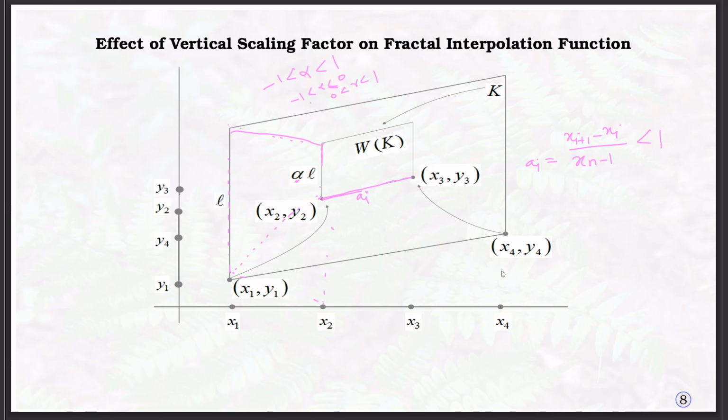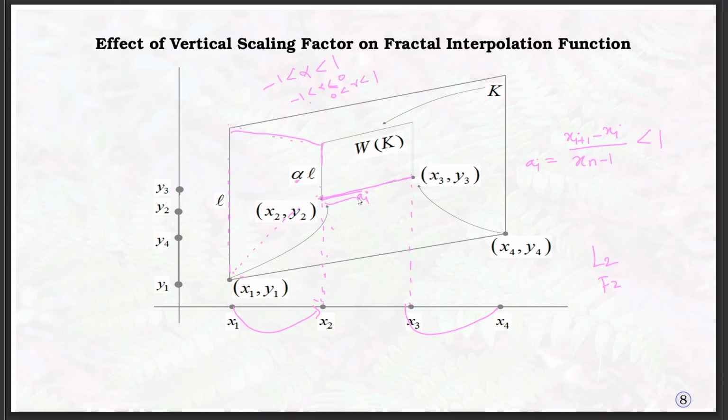For example, here we are taking 4 data points x1, x2, x3, x4 and corresponding y1, y2, y3, y4 values. Here we are giving an example of how the mapping acts on the interval x2 to x3. That means what is the role of L2 and F2 here? Now, if alpha controls the y direction, then this value maps to here and this point maps to here, so that we get these values.